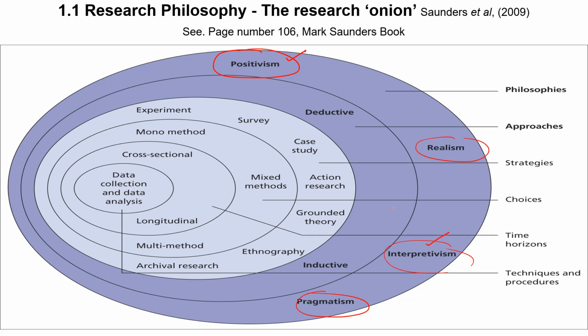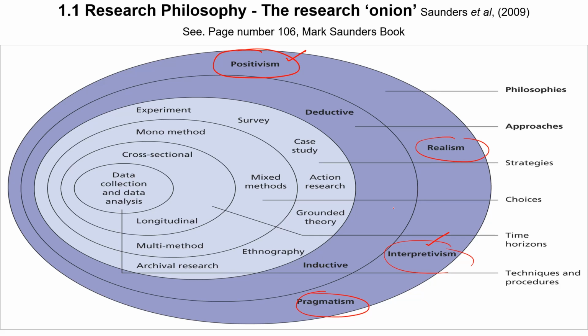Interpretivism is also using qualitative techniques, qualitative research, and here social reality is not singular. Means there is no one truth. It may be more than that. So we are open to collect all the truths from the society, then we are going to make a final conclusion.